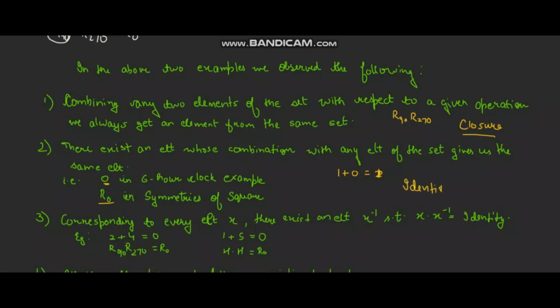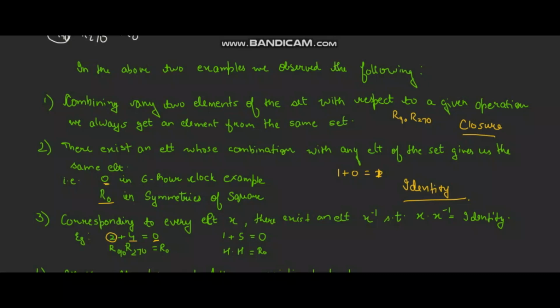The third property was that corresponding to every element X, there exists an element X inverse such that their combination gives us the identity element. In the first example, we saw 2 plus 4 is 0. 0 is the identity element, and corresponding to 2 we have an element 4 in the set which gives us the identity element. Conversely also, 4 plus 2 is 0.